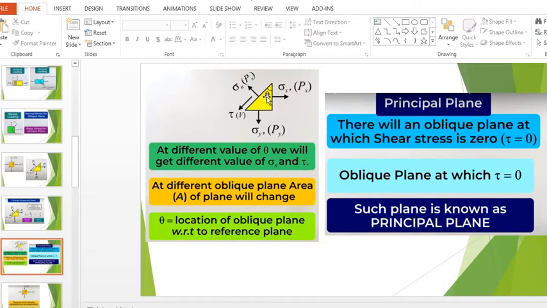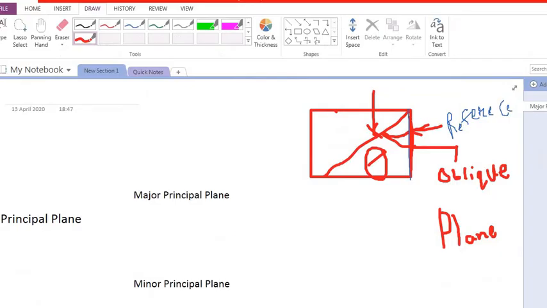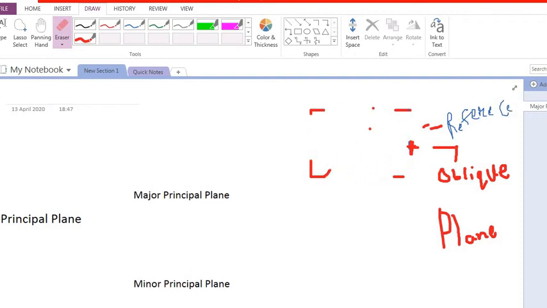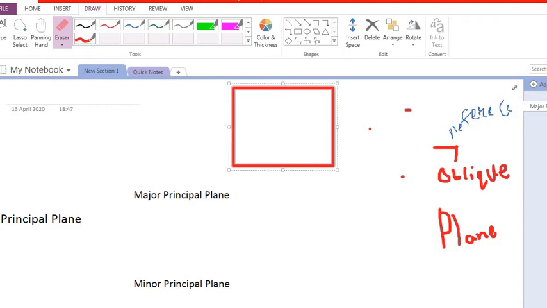If this theta is changed, I am taking theta with reference to this plane, so this is the theta.